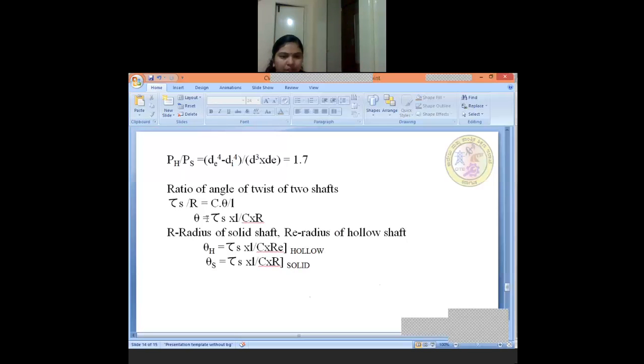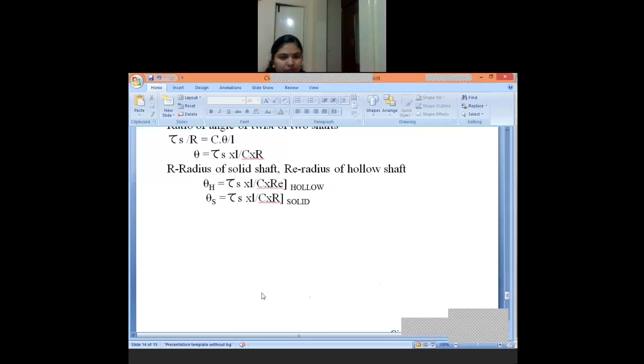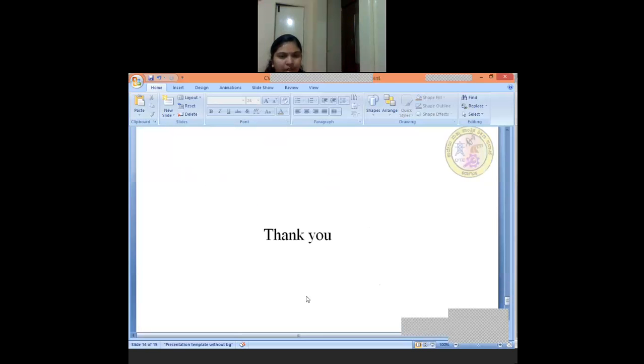Then ratio of angle of twist of hollow to solid shaft is given by, if you simplify, this is what you will get. The θ formula is τ by C into L by R. R is radius of solid shaft, RE is radius of hollow shaft. Theta of hollow shaft is τL by C RE.